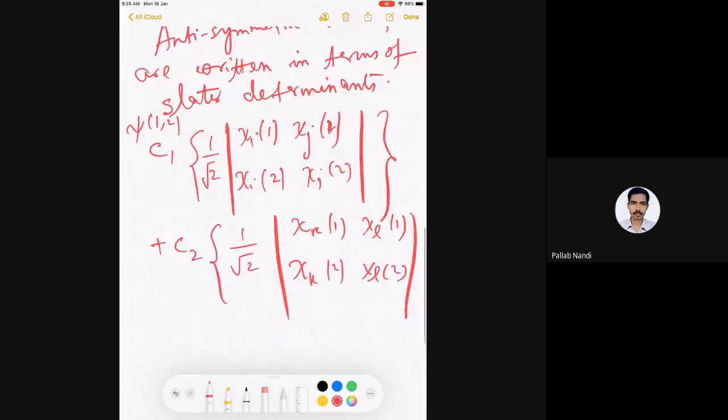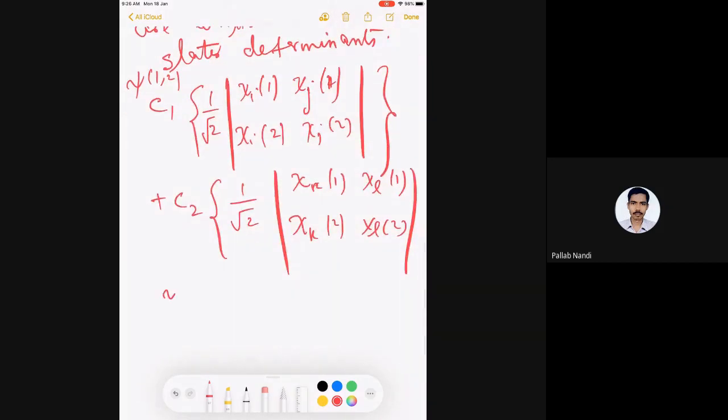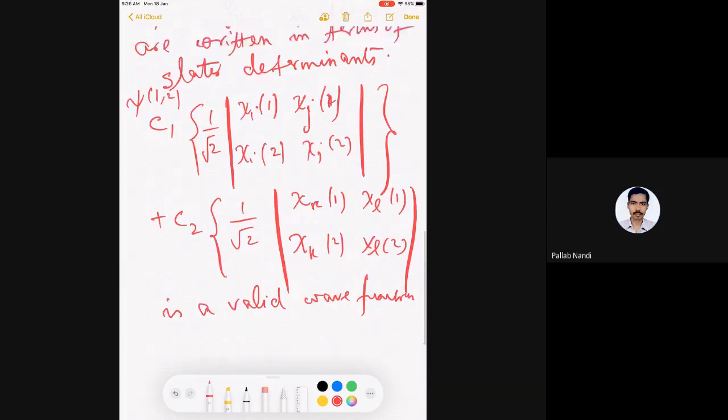If I write a determinant like this, it is also a valid wave function. Right? Of course, this is a mathematical description.